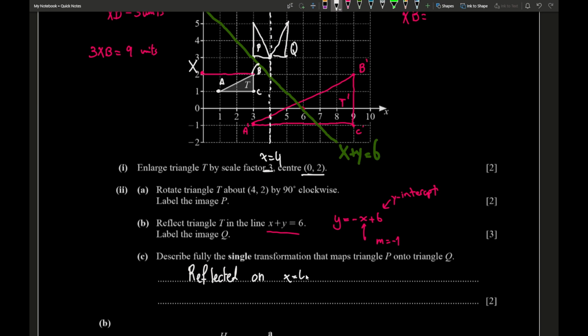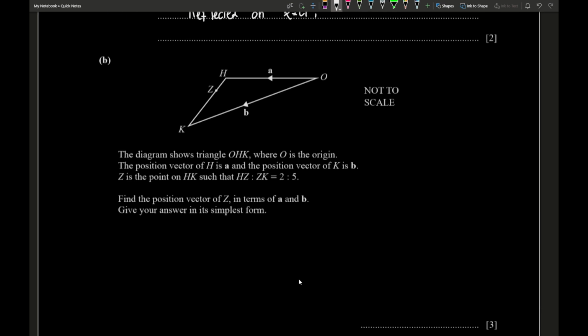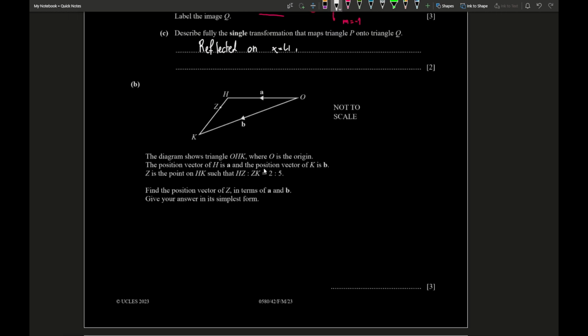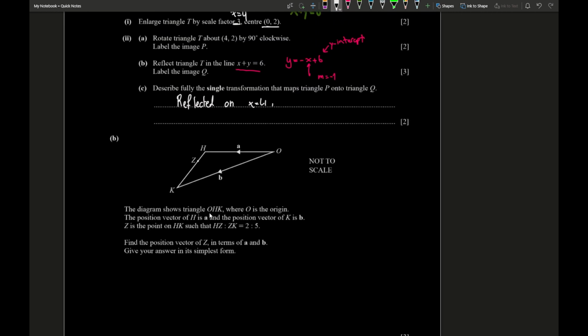Part B. Let me zoom out now. The diagram shows triangle OHK, where O is the origin. The position vector of H is A, and the position vector of K is B. So OH is equal to A, and it also says OK is equal to B. Z is the point on HK such that HZ to ZK is equal to 2 to 5.